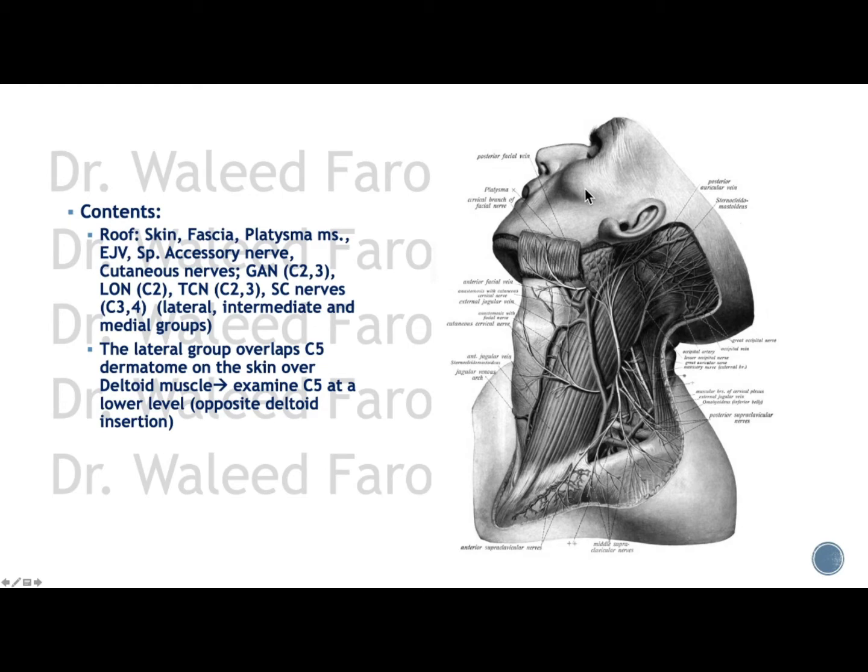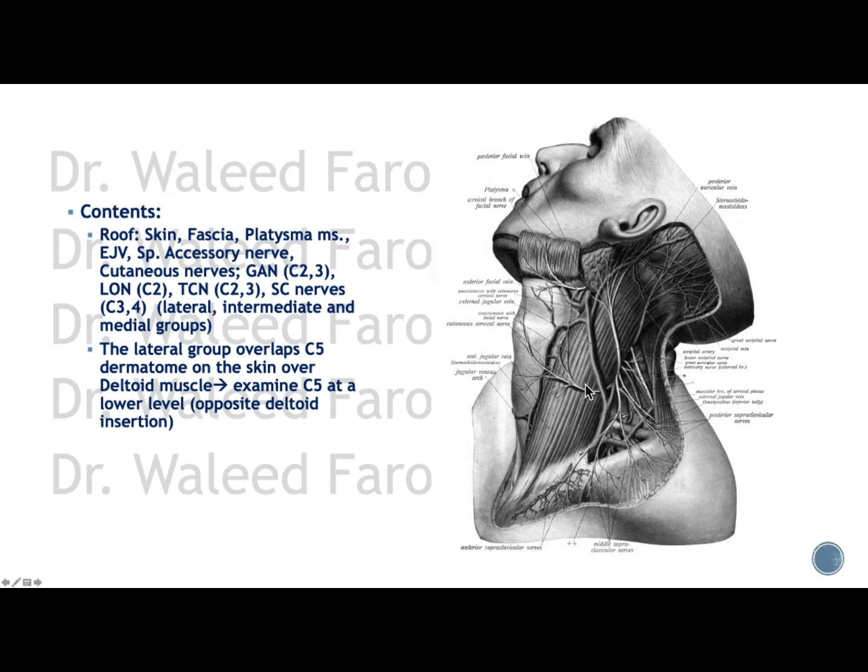When you examine the nerves of the face, that is the ophthalmic, maxillary, mandibular nerves, don't examine the skin over the parotid and angle of mandible because it's supplied by C2 from the great auricular nerve. See that? This is important clinical information.